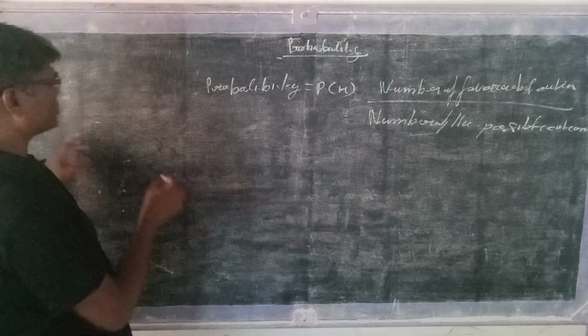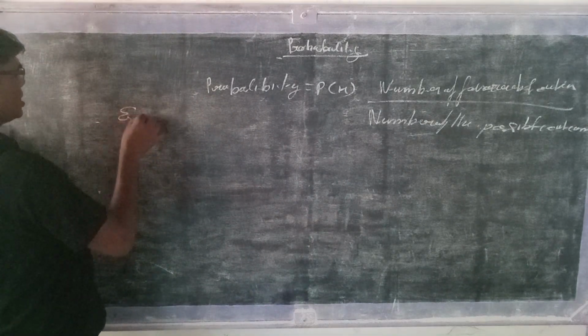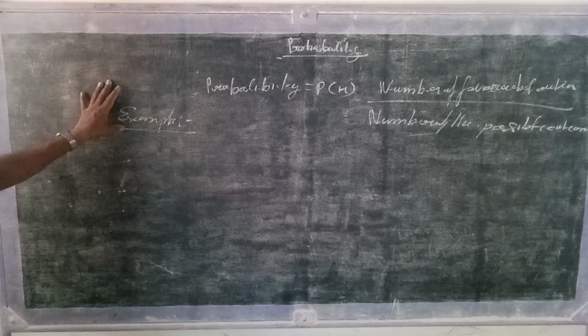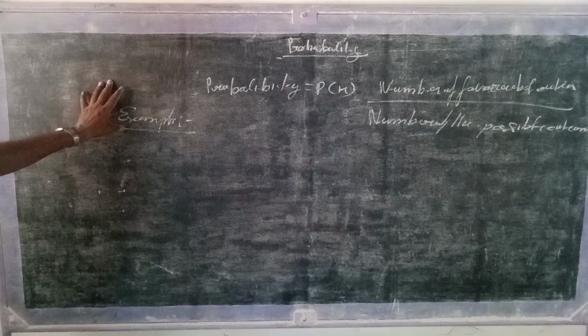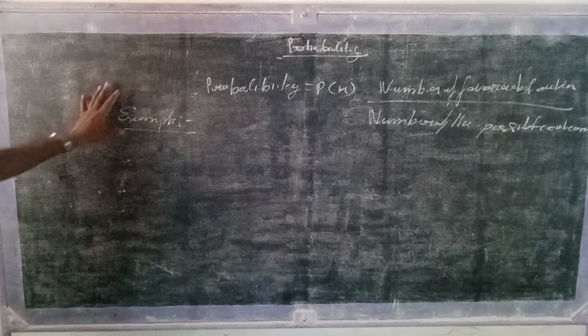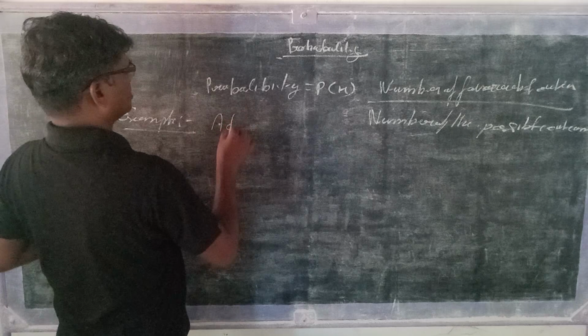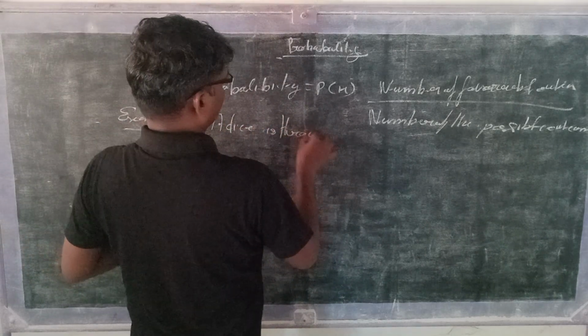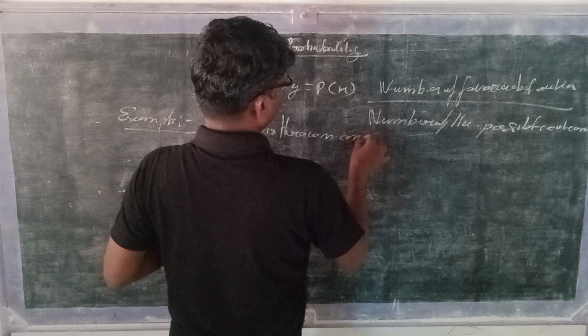For the example, I am going to give you an example, and with the help of it you will try to understand each and every question. So, a dice is thrown once.